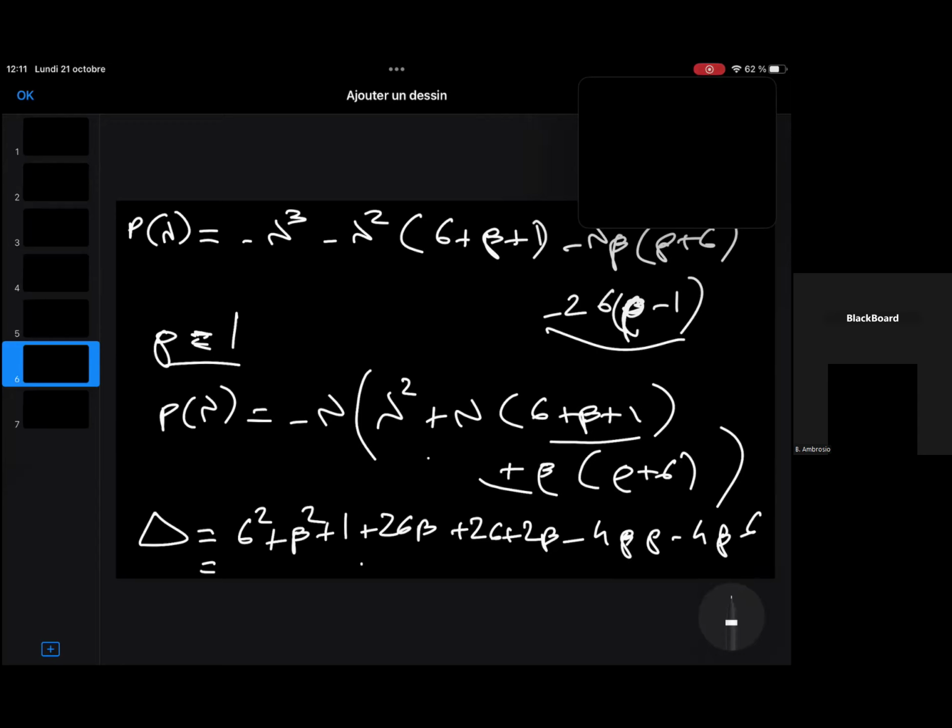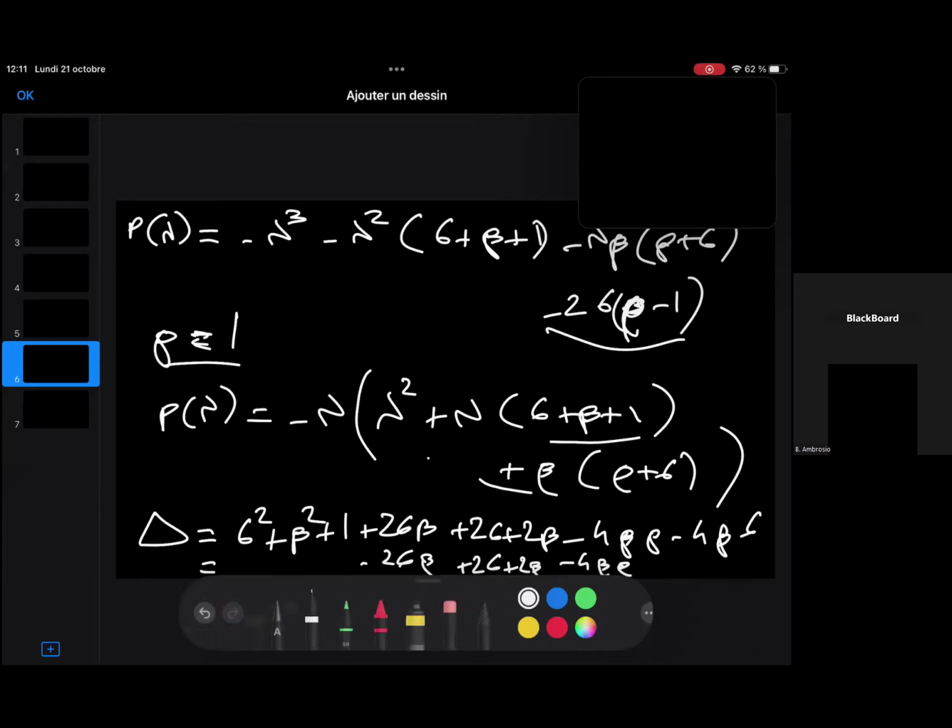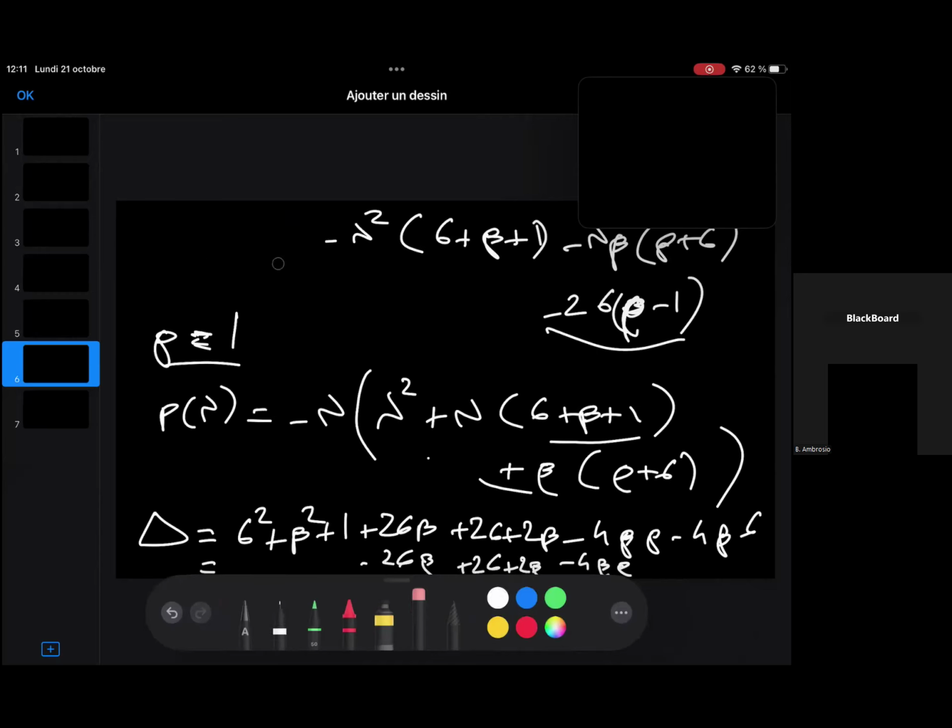But here we'll get minus 2 sigma beta plus 2 sigma plus 2 beta minus 4 beta rho. Right, so I'm going to finish here.